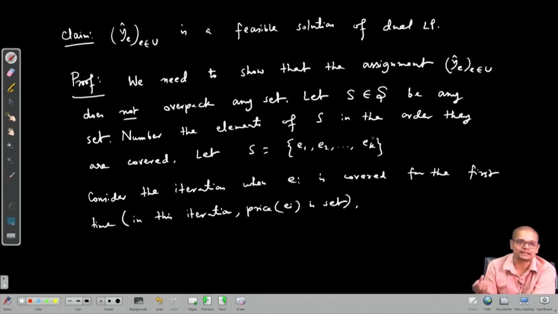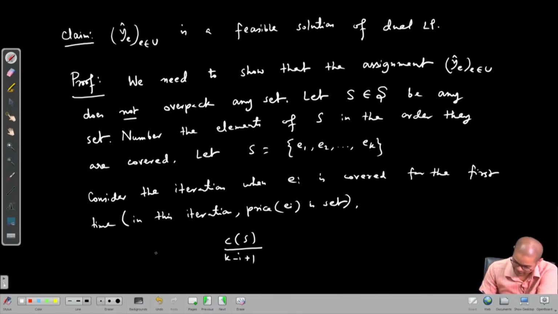So, if S is picked, then S can cover Ei at a cost of C of S divided by the number of elements it covers, and it covers the remaining Ei to Ek elements. So, at least k minus i plus 1 new elements it will cover.